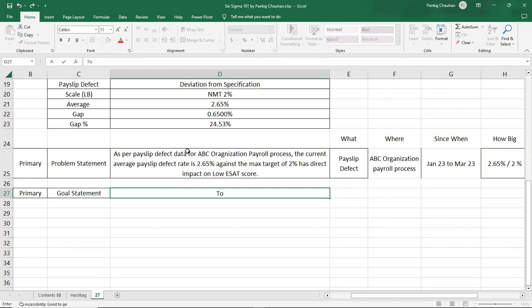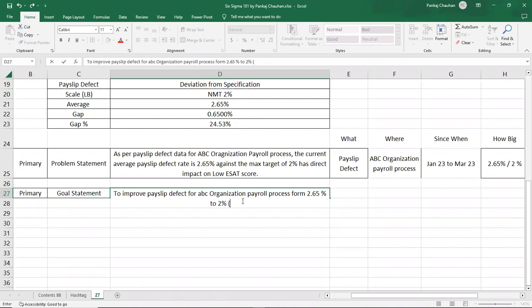So the answer for the goal statement: to improve payslip defect for the ABC organization payroll process from 2.65% to 2%, which is how much improvement we are bringing in the process?